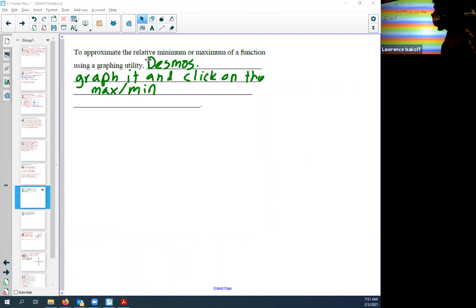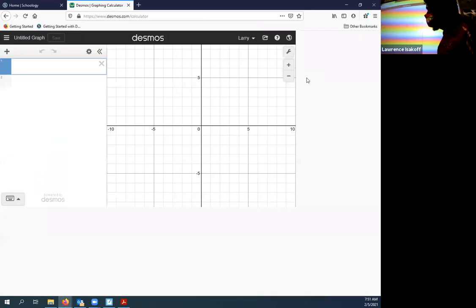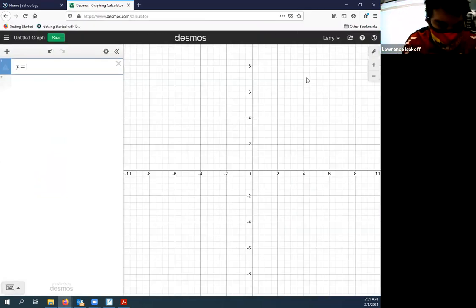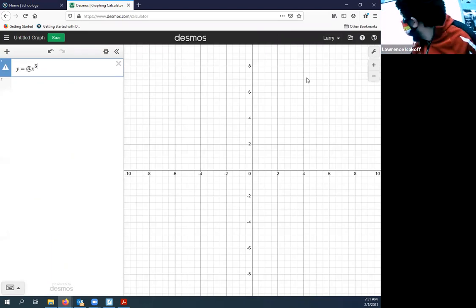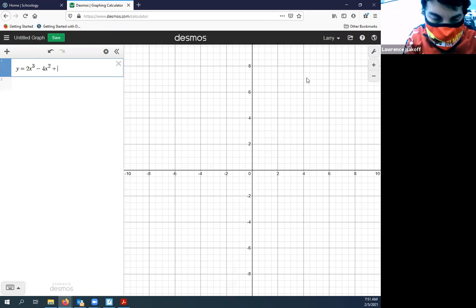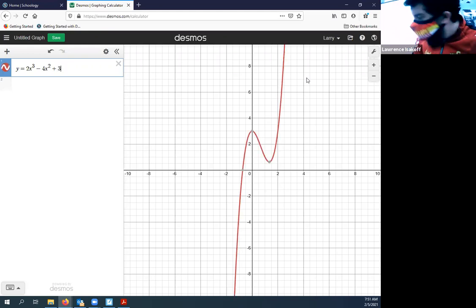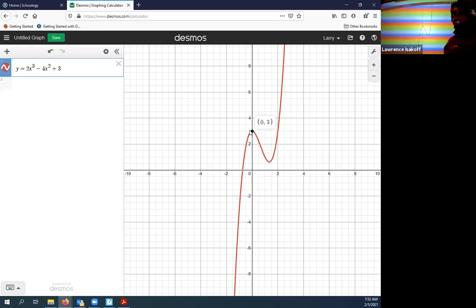I'm going to demonstrate that right now. There's Desmos. So I could say y equals 2x cubed minus 4x squared plus 3, I can click on my max.